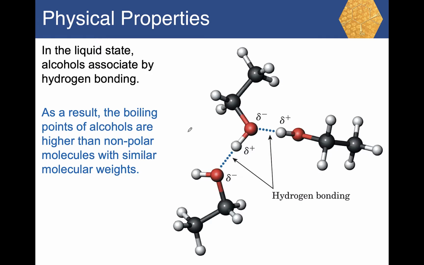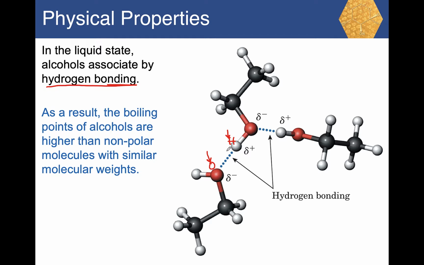Let's see the consequence of the polarity. The consequence here is that in the liquid state, alcohols are associated by hydrogen bonding. Remember, hydrogen bonding here is a hydrogen. This, of course, is hydrogen. And this is oxygen, a very electronegative oxygen. If it's close to a very electropositive hydrogen, we can have an attraction.